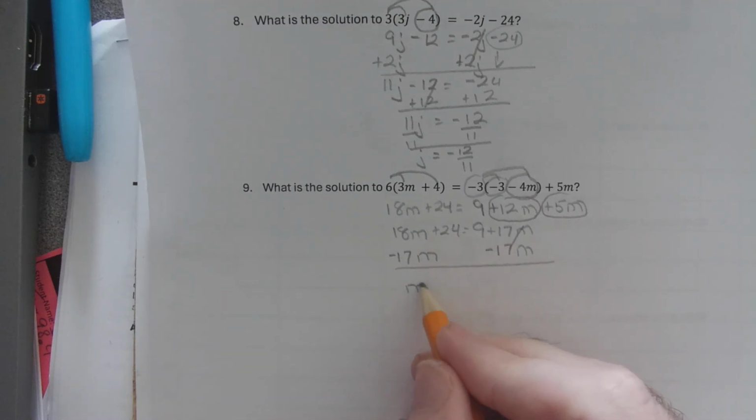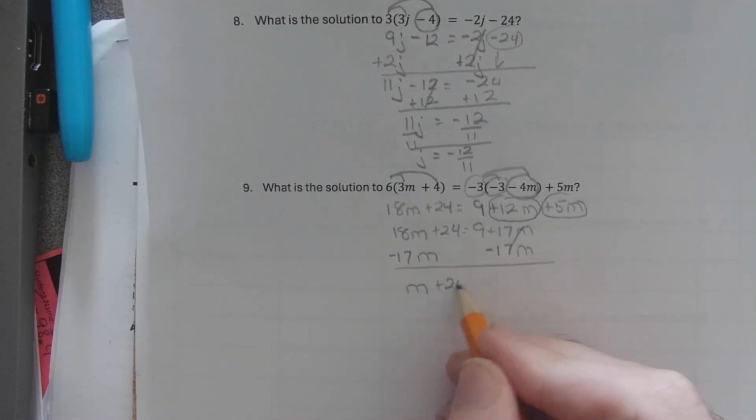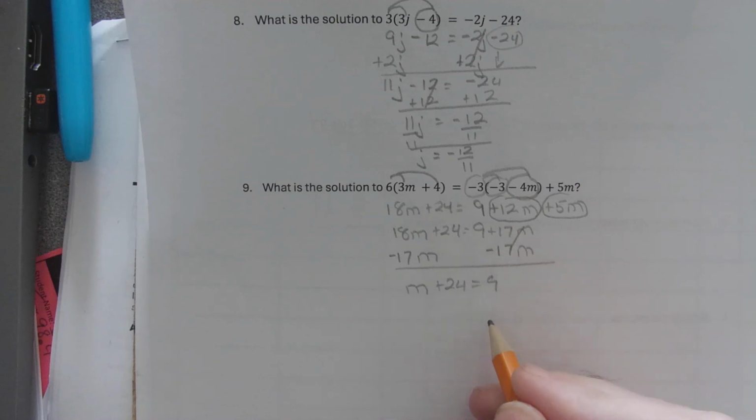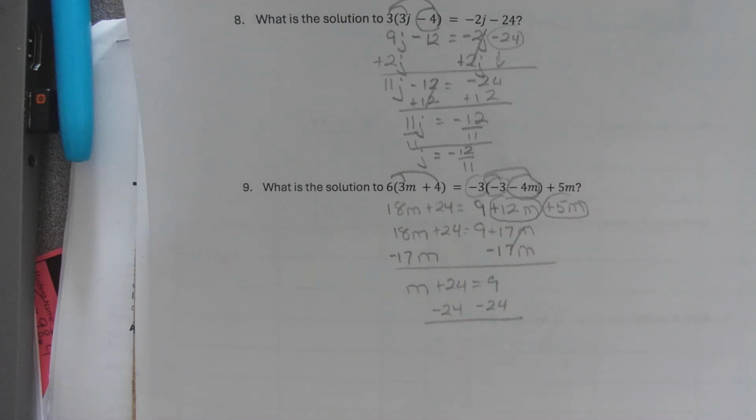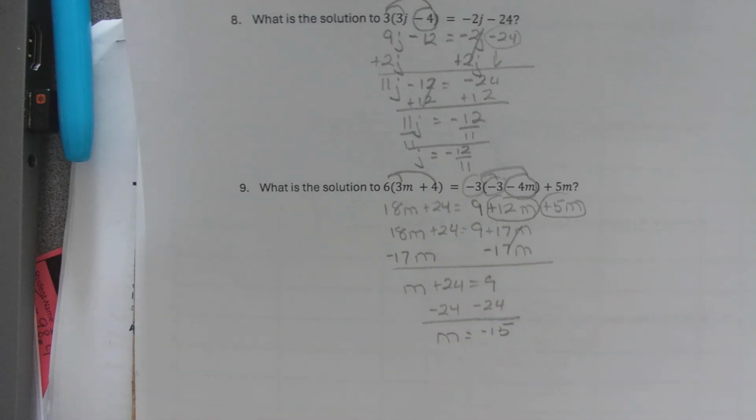And I get 1m plus 24 equals 9. And then I subtract 24. Well, unless I'm mistaken, that's negative 15. And so that's our answer.